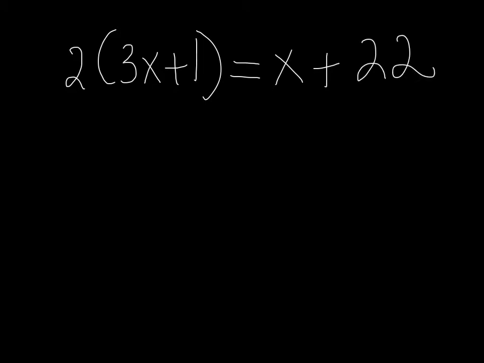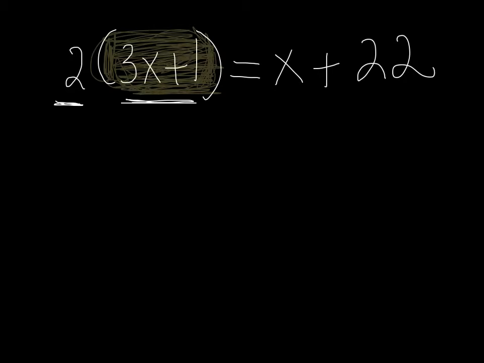You notice how you read it. 2 times (3x plus 1) equals x plus 22. So what we're saying here is that this 3x plus 1 is taken 2 times. This whole bundle of 3x plus 1 right here, we're taking this bundle 2 different times.